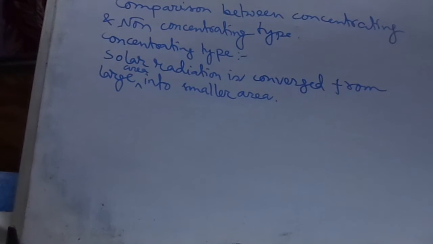Beam radiation, which has a unique direction and travels in a straight line, can be converged by reflection or refraction techniques. A flat plate collector is a simple construction and does not require tracking.